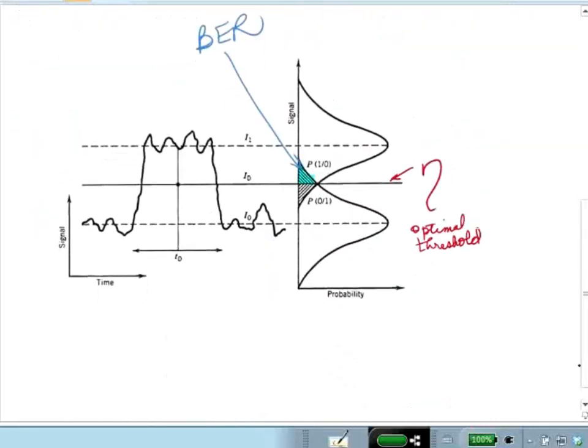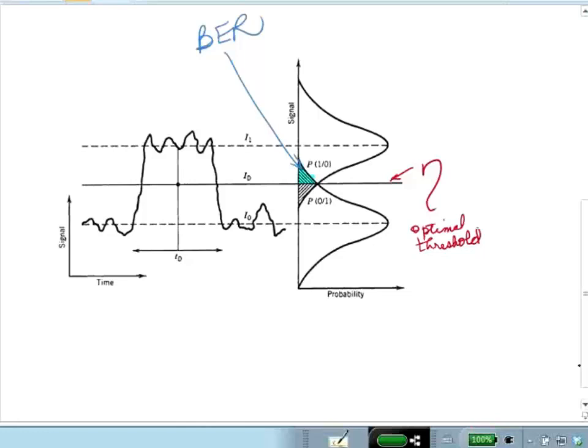And what we define is where these two Gaussian distributions intersect is where we would set what we call the optimal threshold. If we want this expression for the bit error rate to be as small as possible, I want to balance out the errors that are made when I send a 1 with the errors that are made when I send a 0. And if I want them to be smallest, I will set my threshold so that these two conditional probabilities are equal.